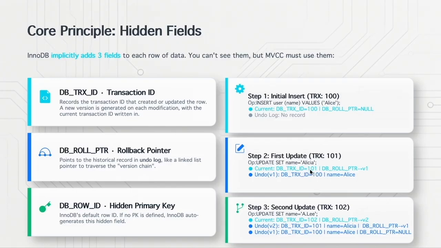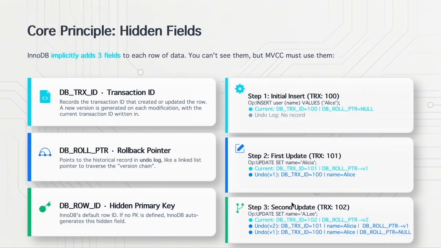The current row's DB_TRX_ID is updated to 101, and its DB_ROLL_PTR now points to a new record in the undo log. Let's call it version 1. This undo log record, version 1, preserves the previous state of the row with its DB_TRX_ID of 100 and its original data, Alice.